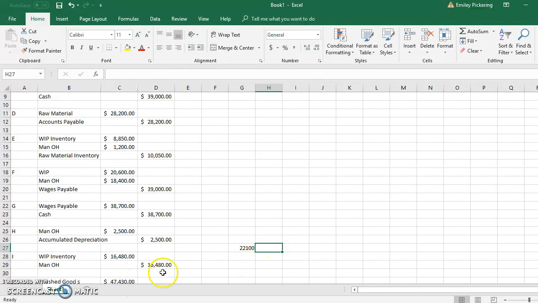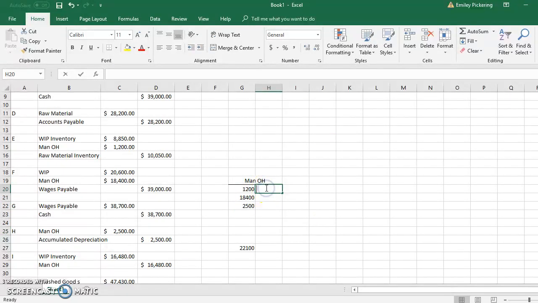Now, we allocated 16,480. So let me actually just do a T account here. Manufacturing overhead. Okay. So wherever I have manufacturing overhead, it's on the debit side here. So let's put it on the debit side over here. On the debit side here and here. And then we have it on the credit side here.